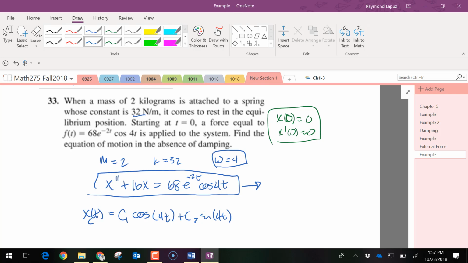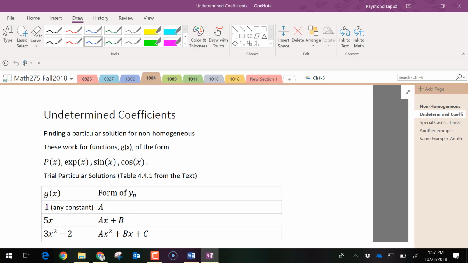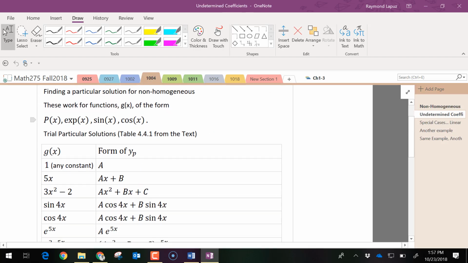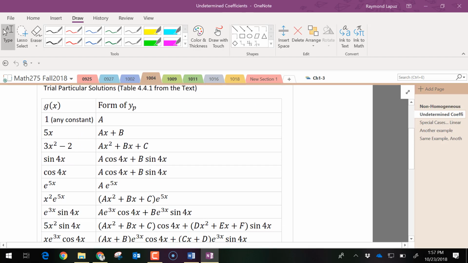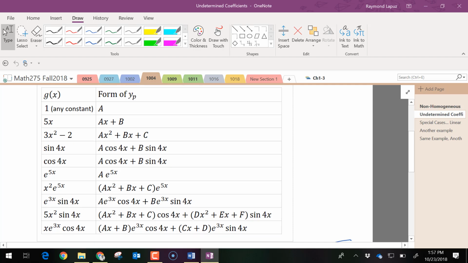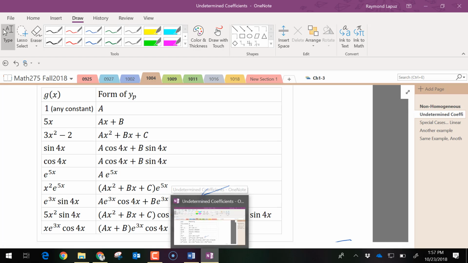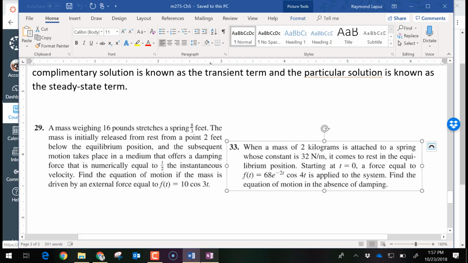So how would I do this? I think, is this one of those things that we can use undetermined coefficients? This one, right? Wow. All right. Oh, what happened?